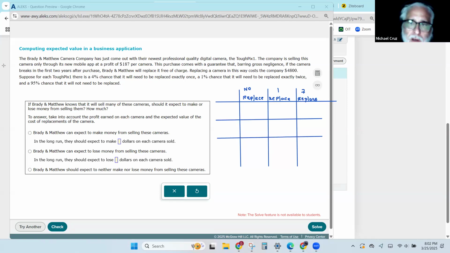All right, so our outcomes are going to be, that's what we call X, and then the probability of X.